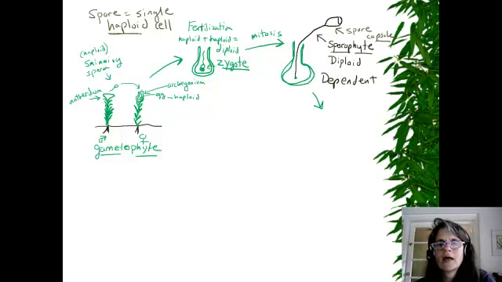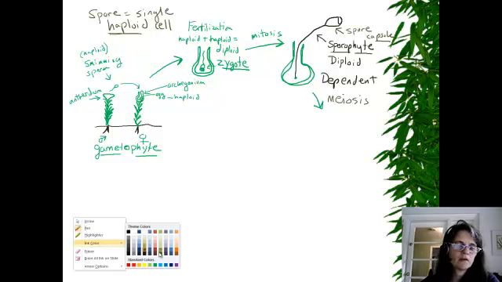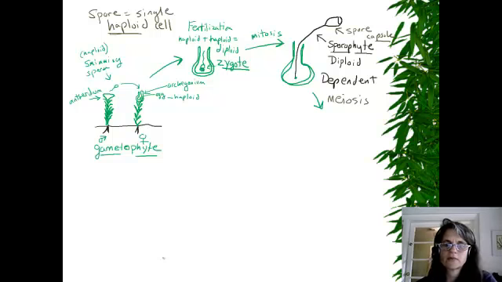When a diploid structure makes haploid cells, then a particular type of cell division has to occur, and that's meiosis. Meiosis is cell division that cuts chromosome number in half. So, if we're going to make haploid spores, we have to do meiosis inside of that spore capsule. Alright? And we do meiosis inside that spore capsule.